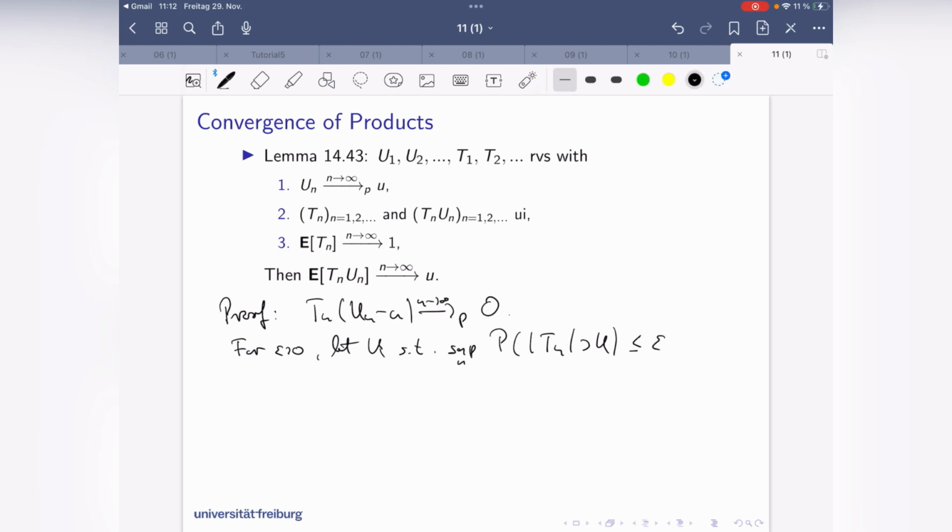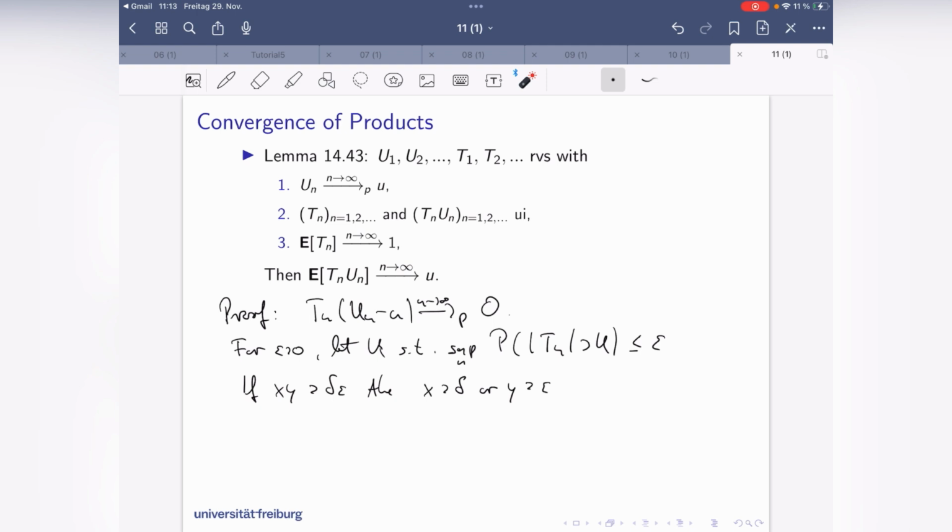There is something which you will believe me. If x times y is bigger than delta times epsilon, then either x is bigger than delta or y is bigger than epsilon. Okay, if everything is positive, of course.